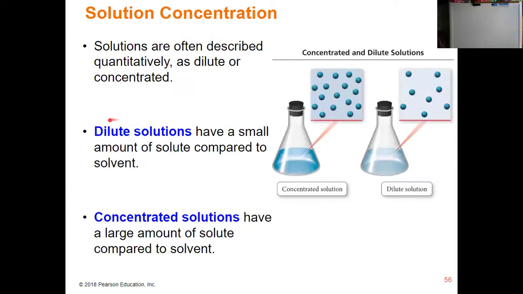We have what are called dilute solutions, and we have concentrated solutions. Dilute solutions are going to have a very small amount of solute compared to the amount of solvent that's present, whereas concentrated solutions are going to have a large amount of solute compared to the solvent that's present. If you want to think about making yourself iced tea or something like that, that's the best way to differentiate between dilute solutions and concentrated ones.